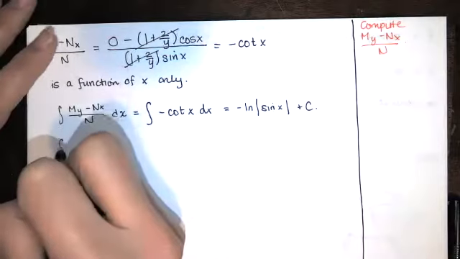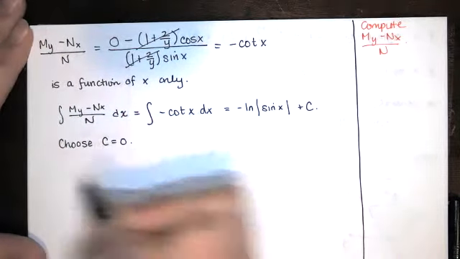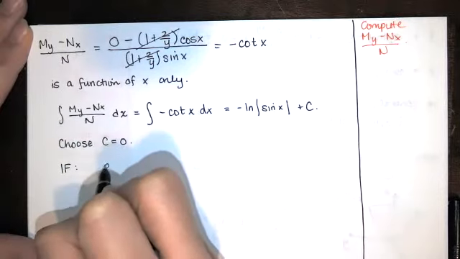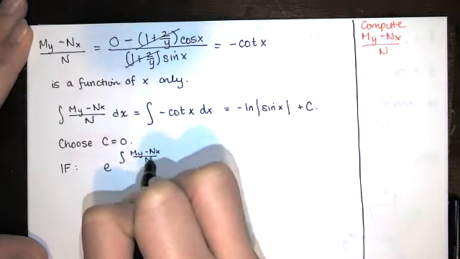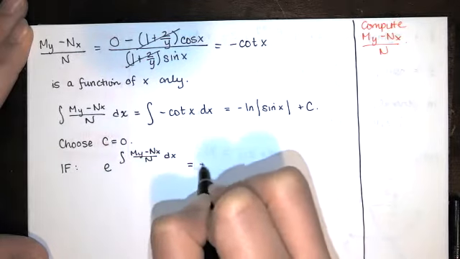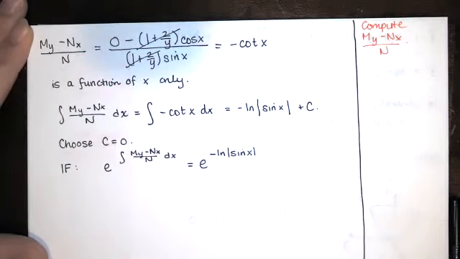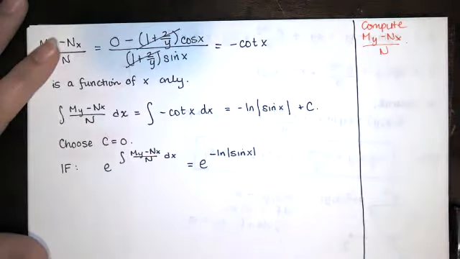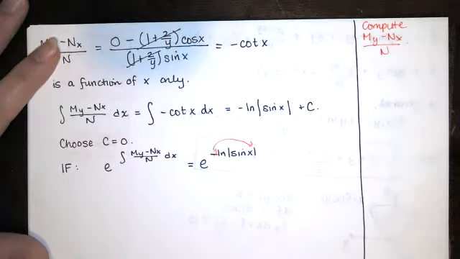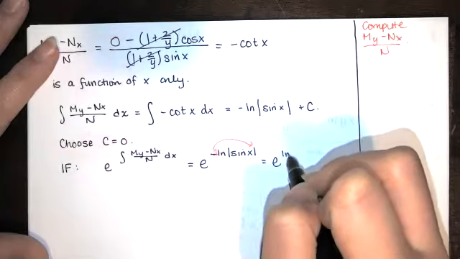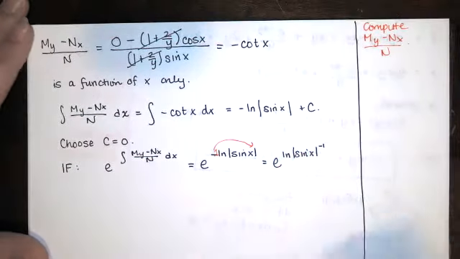We want only a single integrating factor. So we're going to choose c equals 0. And the integrating factor is e to that power. There's an implied negative 1 out front. You can bring that inside. And so we get this.